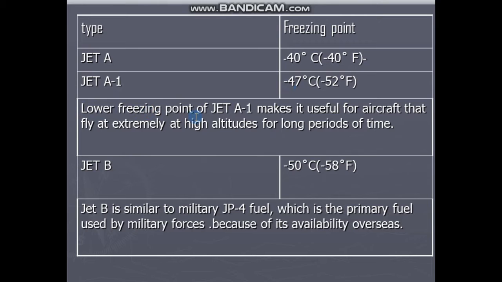The lower freezing point of Jet A-1 makes it useful for aircraft that fly at extremely high altitude for long periods of time. Jet B has a freezing point of minus 50 Celsius. Jet B is similar to the military JP-4 fuel, which is the primary fuel used by military forces because of its availability overseas.